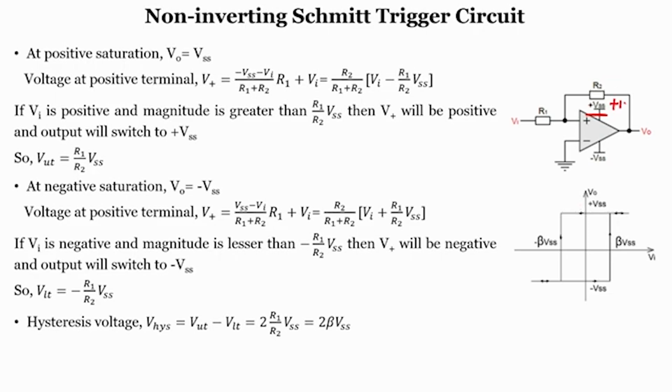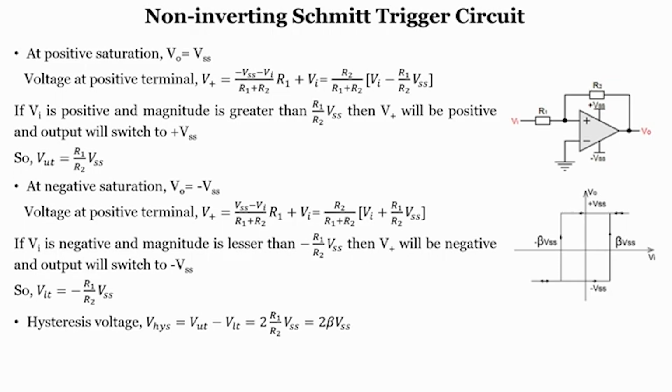Suppose I apply plus 15 and minus 15; when the output saturates, it does not go exactly to plus 15 volts, it is less than plus 15 volts, and how much is your homework. So, understand that when you talk about saturation, it is not exactly plus VSS, it is less than plus VSS or less than minus VSS.